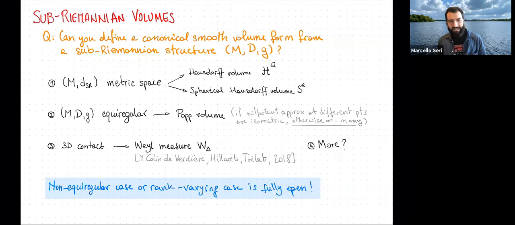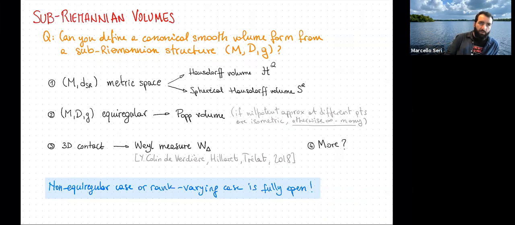Another problem is in the 3D contact case, in a work that I'm going to mention later, the Weyl law is studied. When you study the Weyl law, you look at the asymptotics of the spectrum. By doing that, you can look at how the density of the eigenfunctions of your operator evolves when the spectrum goes to infinity. And sometimes those things may have a defined limit.